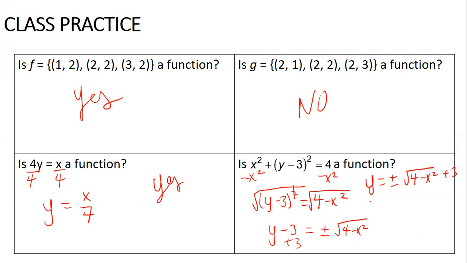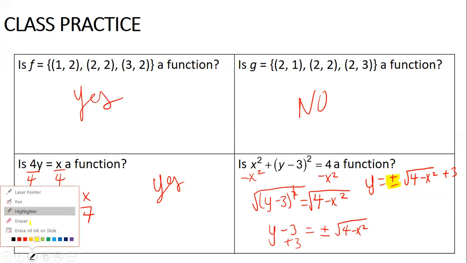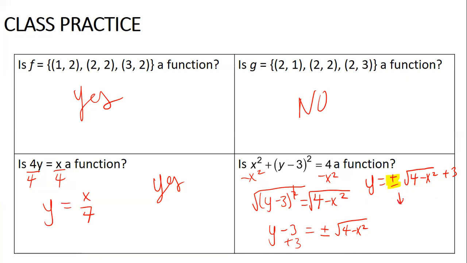What makes this not a function is this guy, that plus or minus. That's what makes it not a function. It's not a function because my x values are going to repeat with that plus or minus.